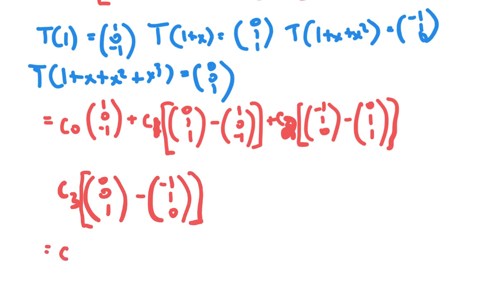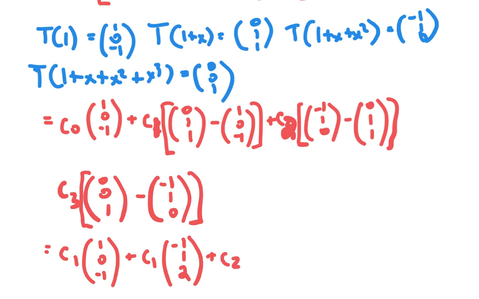So this is going to be C0 times 1, 0, negative 1. So that's no problem. Plus C1 times 0, 1, 1 minus 1, 0, negative 1. So this is negative 1, 1, 2.